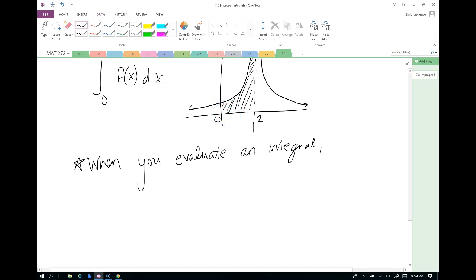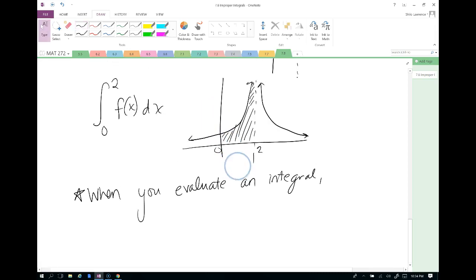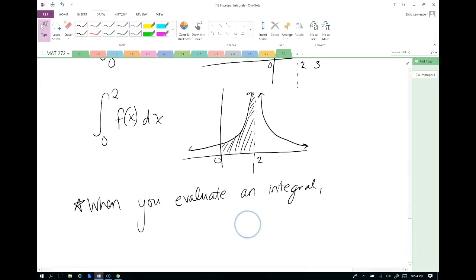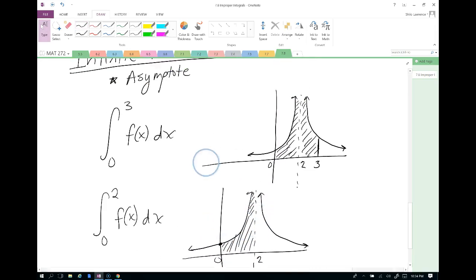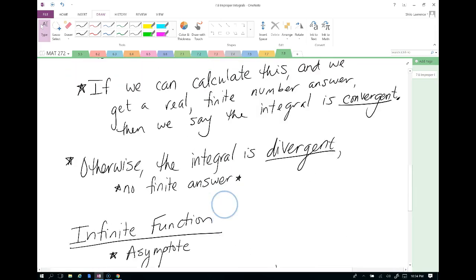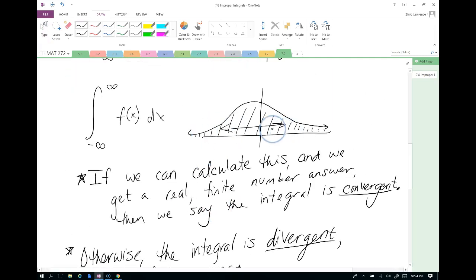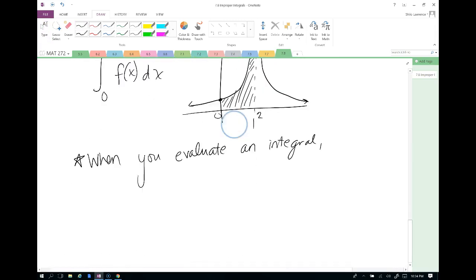You don't want both of the endpoints to be infinite. So for 0 to 2, 0 is perfectly fine. This function has a value at 0. It's 2 that it's infinite. For negative infinity to positive infinity, both of them are infinite endpoints, so that would not be good.